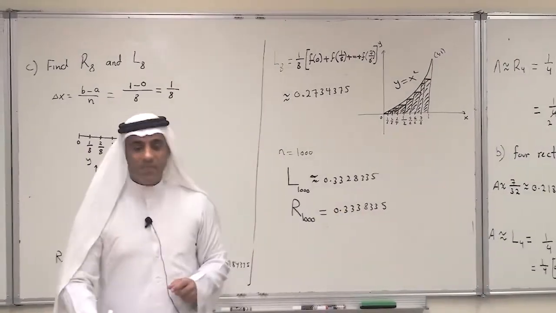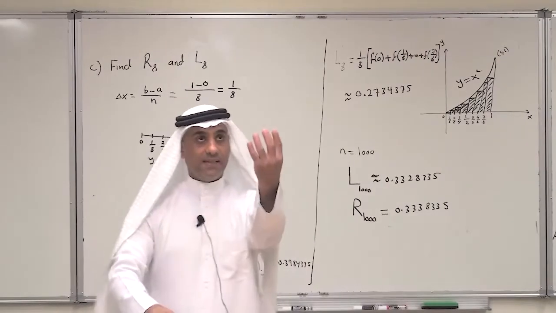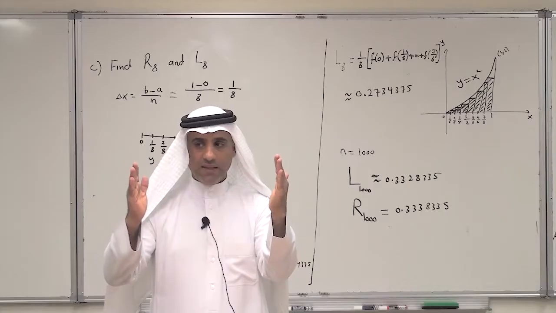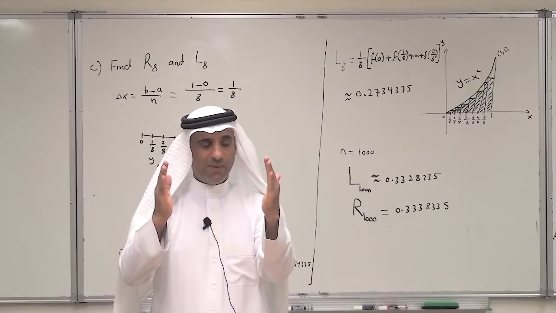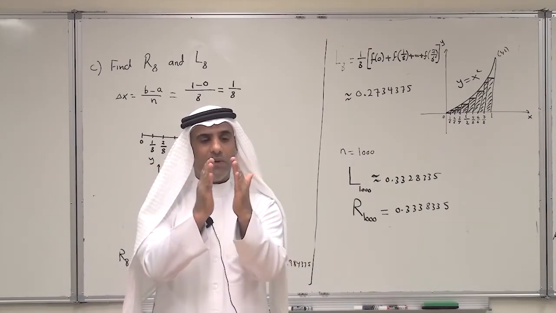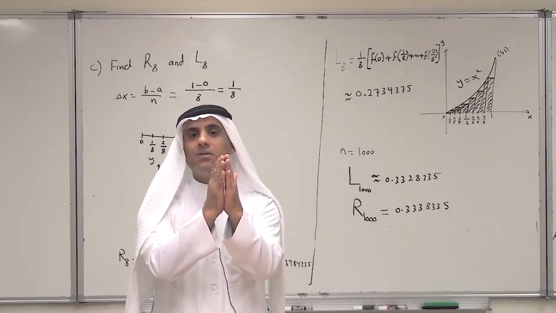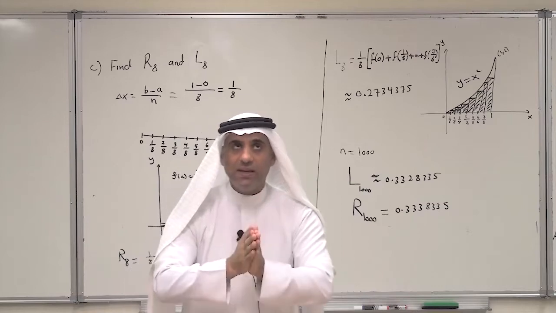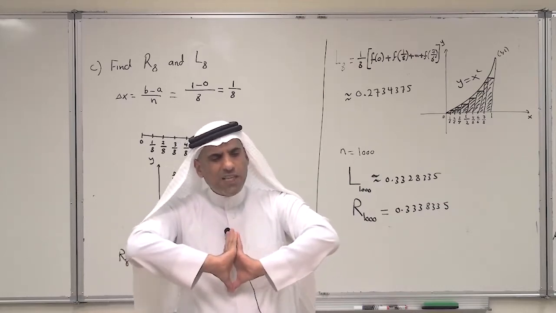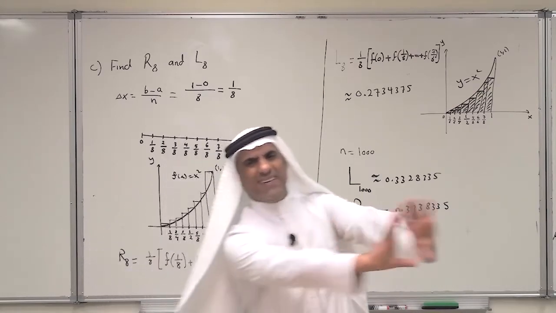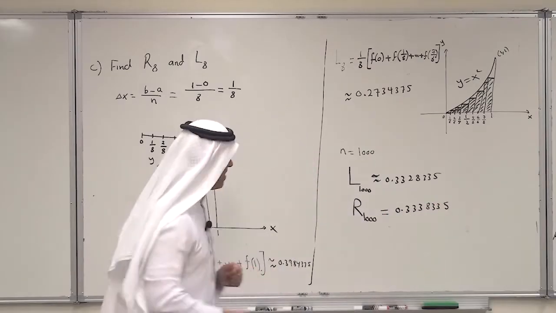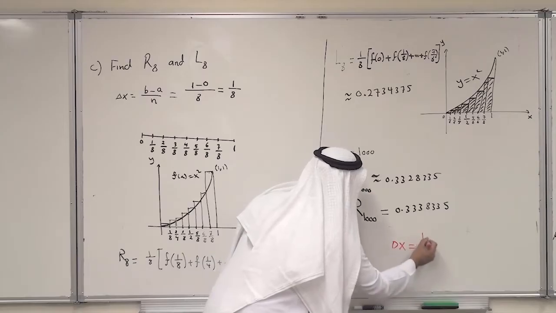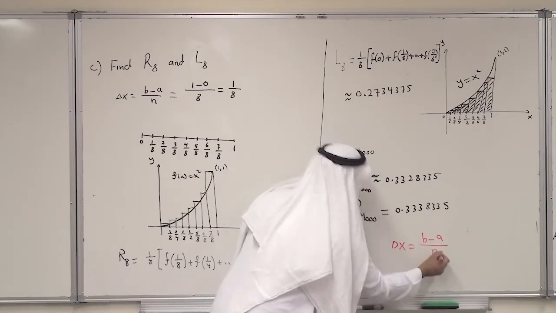So what's happening? As you increase the number of rectangles, the left point approximation is moving this way, and the right point approximation is moving this way. So at one time, these two things will be so close to each other. Now, if we push the number of rectangles to be infinite, what does it mean? Delta x is (b minus a) over n.